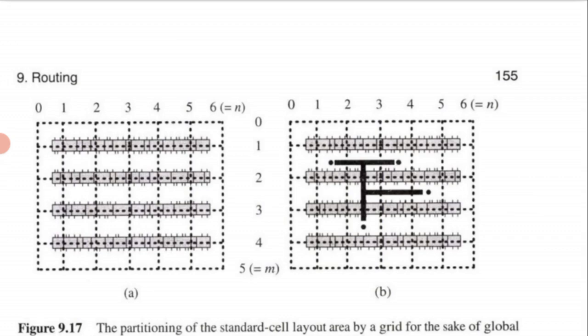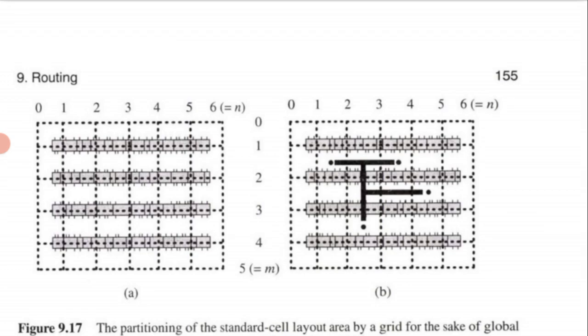In between, there will be black dots and black lines. These are the center points, which lie at the center of the rectangle. All of this is done by using the local routing.